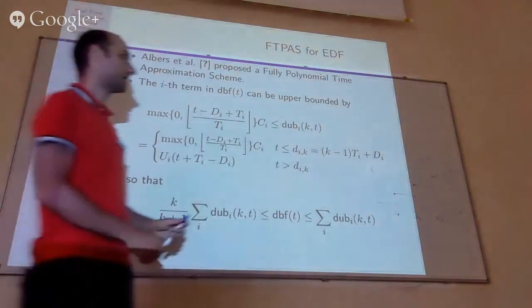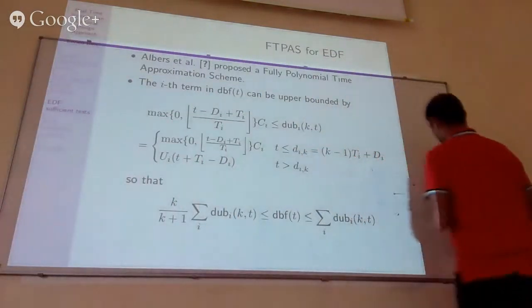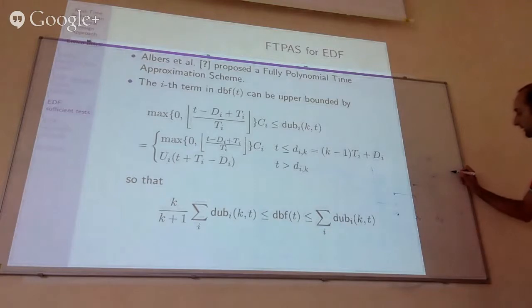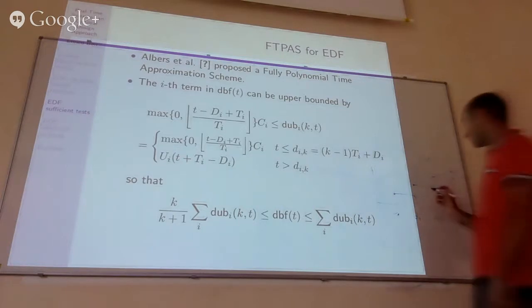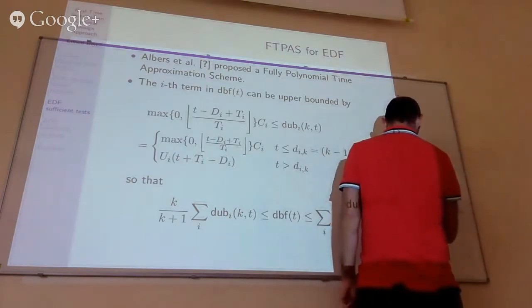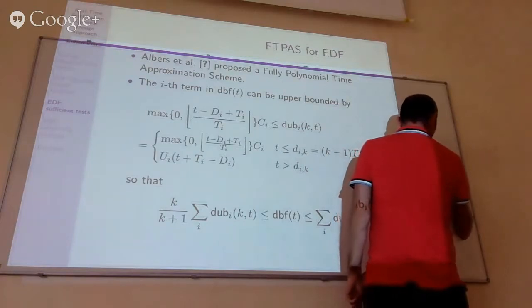Basically, if you multiply this such that these points go here, you see that the coefficient is just k over k plus 1. You move everything down and you get something like this.